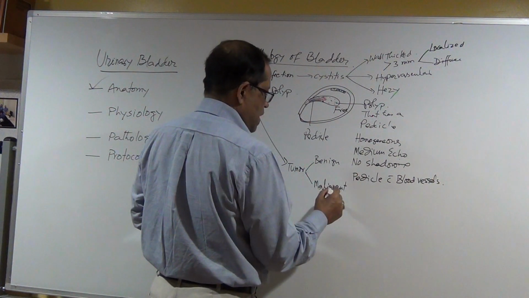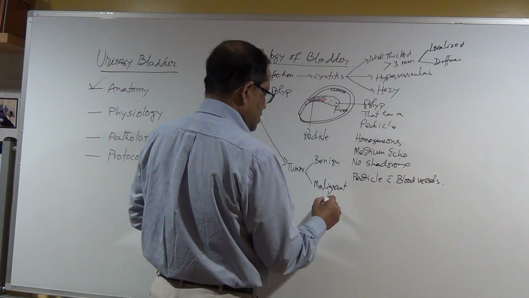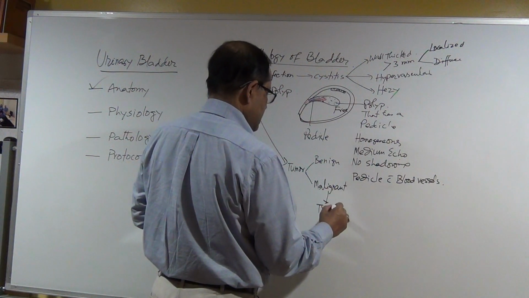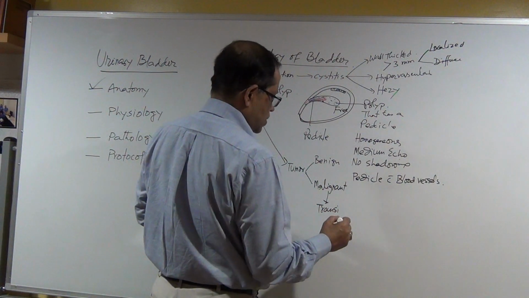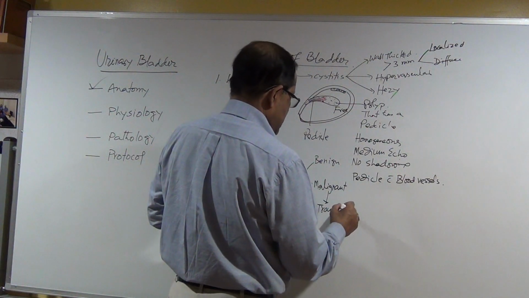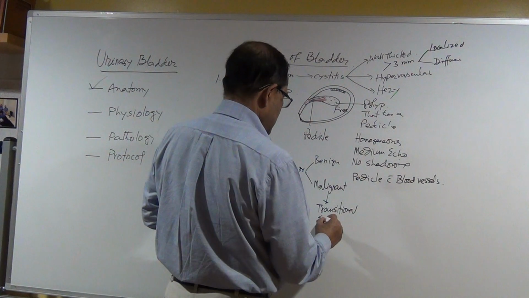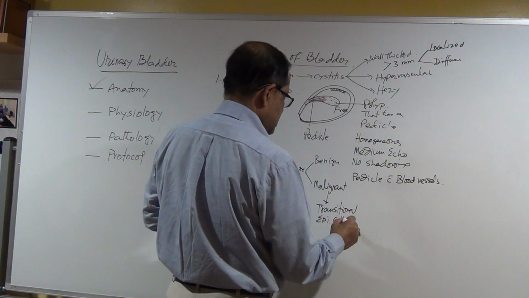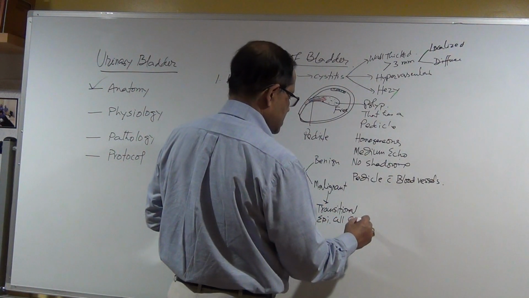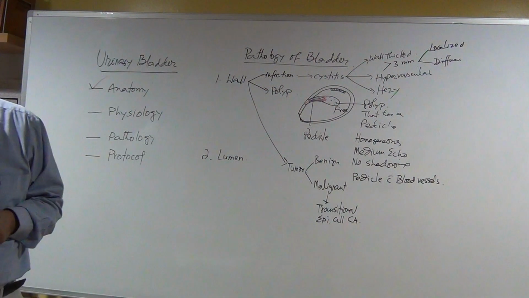What is the most common malignant tumor? Transitional epithelial cell carcinoma. Transitional epithelial cells CA, carcinoma.